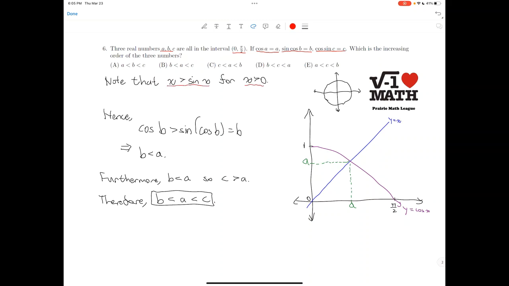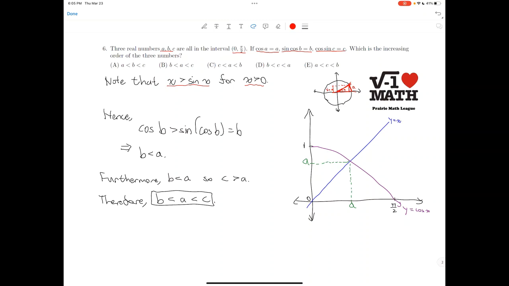Now, why is this? To see this, we examine the unit circle. For any angle A we select, the arc length is also of length A, by definition. Furthermore, sine A is this length here, because sine A is just the height from the point on the unit circle to the x-axis.